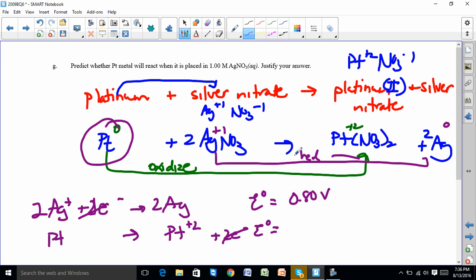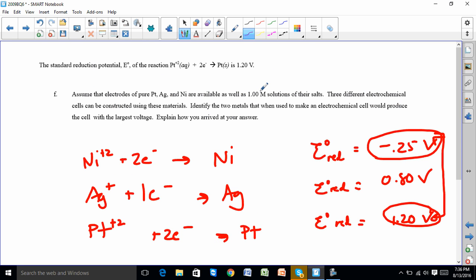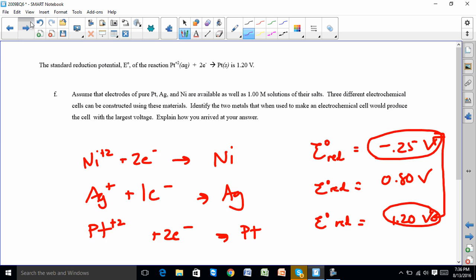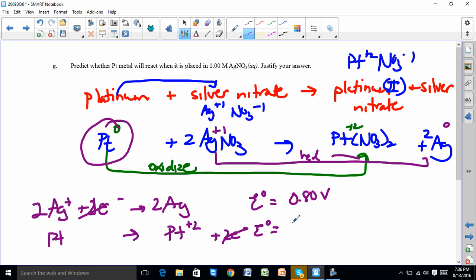Now, if you go back here, they told you in this problem that platinum, when it's reduced, is 1.20 volts. So when platinum is oxidized, this would be negative 1.20 volts.